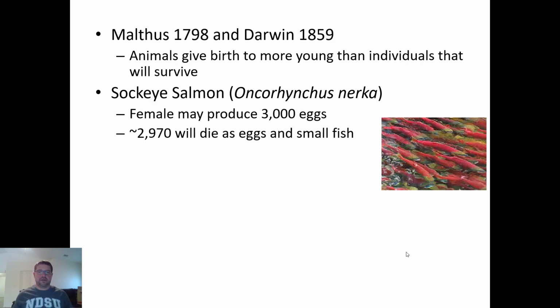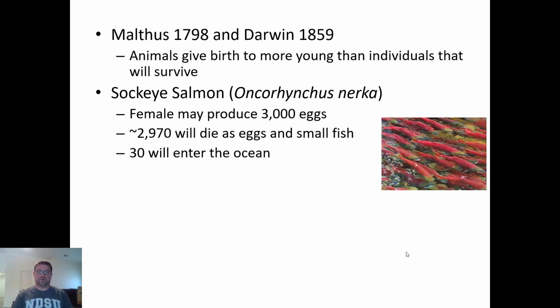Let's say the majority of them die as either eggs or small fish. So 2,970 die as eggs or small fish in the freshwater system. Okay? So that means 30 of the original 3,000 eggs make it to the ocean. Well, the offspring make it to the ocean. By that time, once they enter the ocean, they're called smolt.